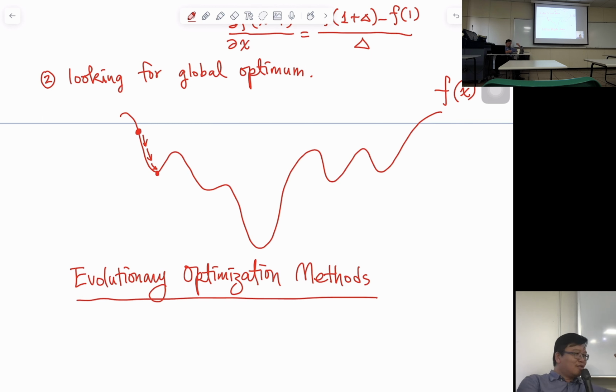And some people try to use math to describe that kind of evolution. So they use that kind of concept in optimization process. They hope this kind of random process will give you the ability to find global optimum. Okay?